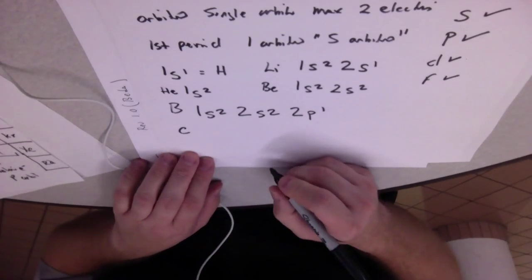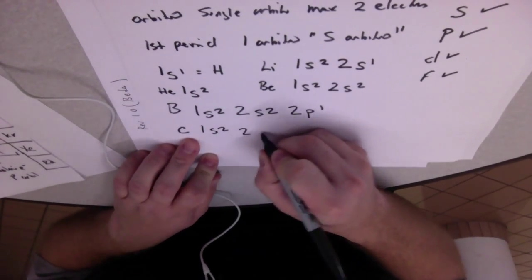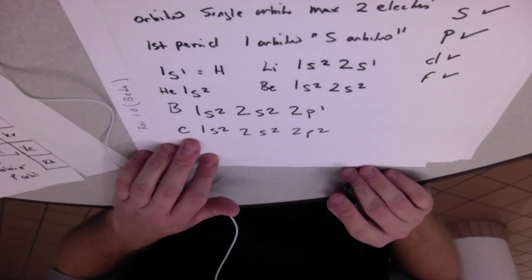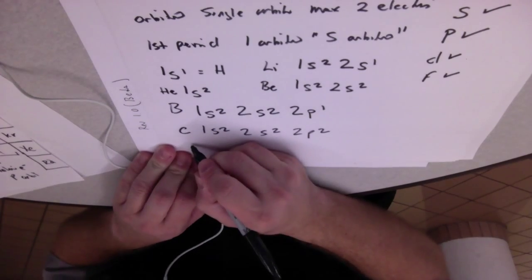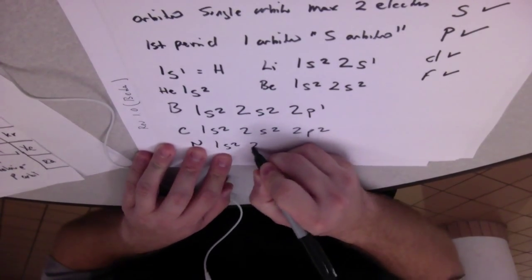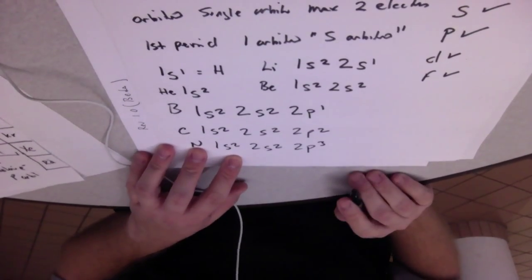Carbon has an atomic number of 6, so I have 6 electrons, so that's 1s2, 2s2, 2p2. And then I'm going to move on to nitrogen, which is 7, that's 1s2, 2s2, 2p3, right?